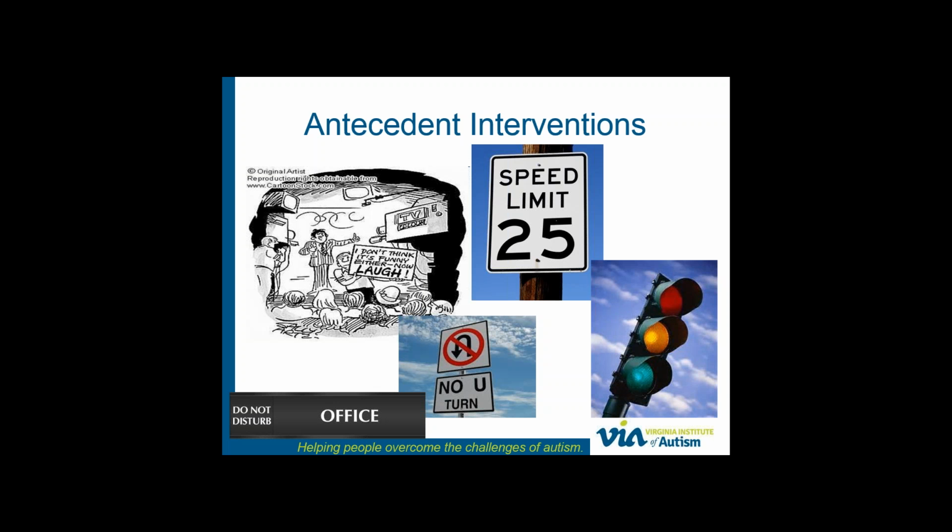But these antecedent strategies help you decrease the behavior throughout the day and maintain some semblance of control. And once you're getting success in those planned chaos sessions, then you can start peeling off the antecedent strategies and see, okay, now he's doing really well in these planned sessions at home.